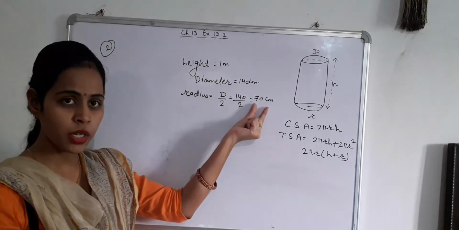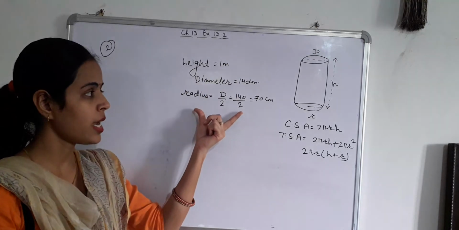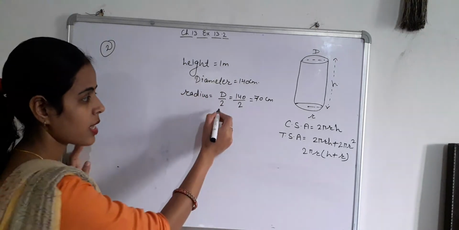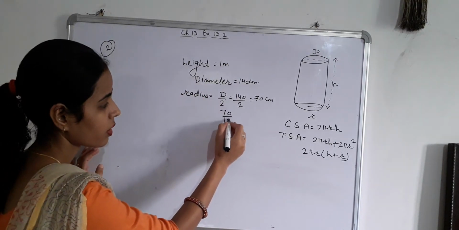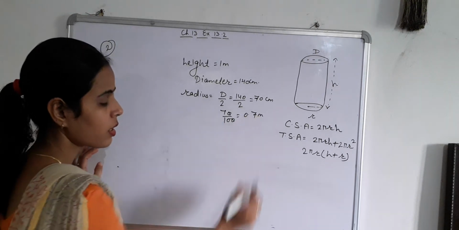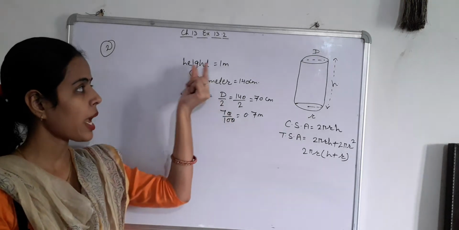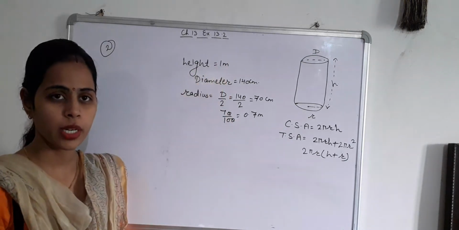Radius is in centimeter but height is in meter. Convert this centimeter into meter. 70 upon 100 equals 0.7 meter. Now radius equals 0.7 meter and height equals 1 meter.